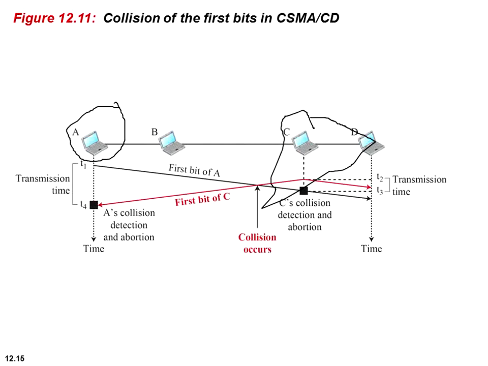So station C detects a collision at time t3 when it receives the first bit of A's frame. Now station C immediately or after a short time aborts transmission. Now station A detects collision at time t4.